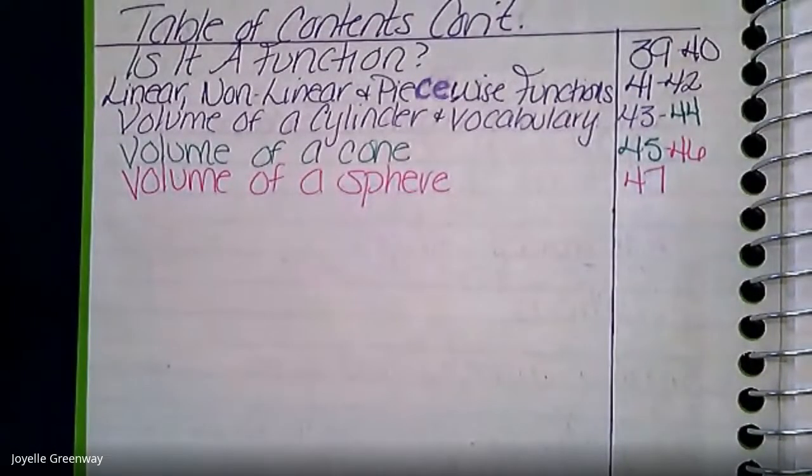So if you could please update your table of contents to volume of a sphere, and this will take place on my page 47. It might take 2 pages, but it might not.